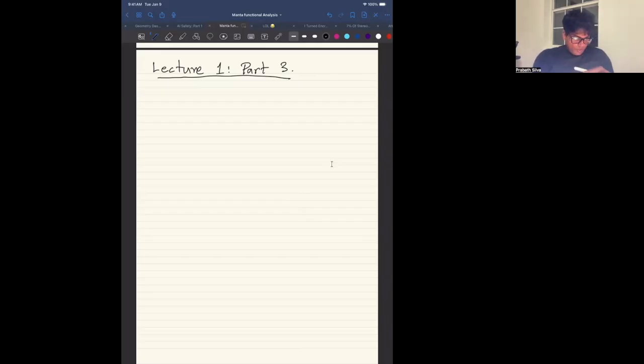Now, let me write down the other statement. So we have element f in L, then there exists at least one element, let's call it beta in F, such that for all A in F, instead of this condition, we have A is less than beta.